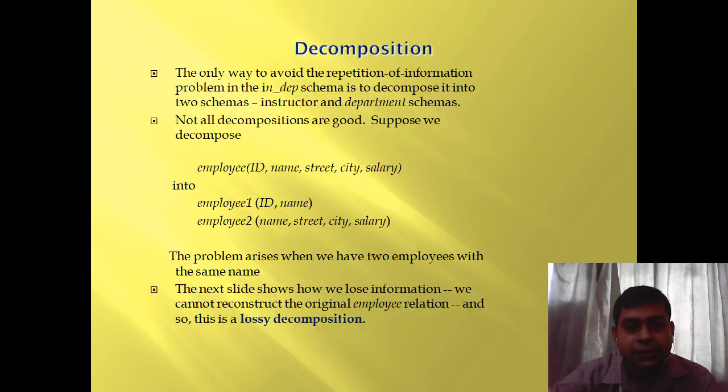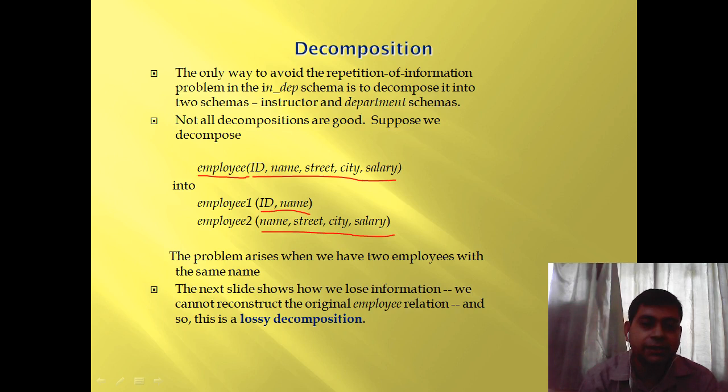Now, what is decomposition? Let's say here I will give an example of employee. This is a particular relation or schema, and it has this many attributes. So I decompose it into two: employee 1 and employee 2, and in one we put ID and name, and in another name, street, city and salary.